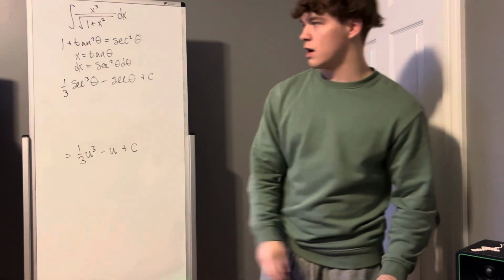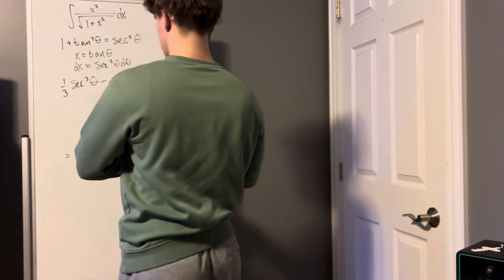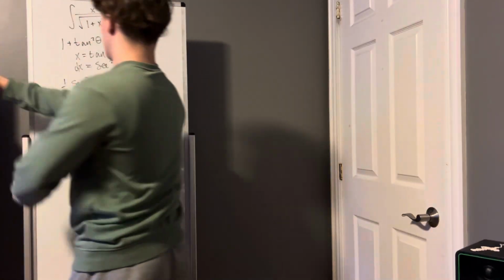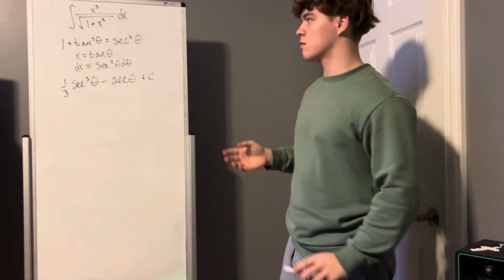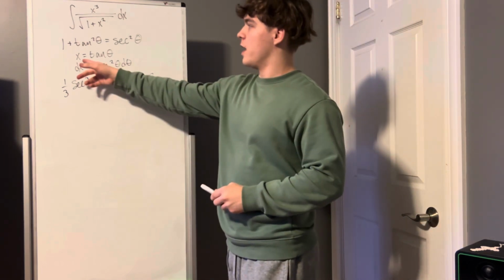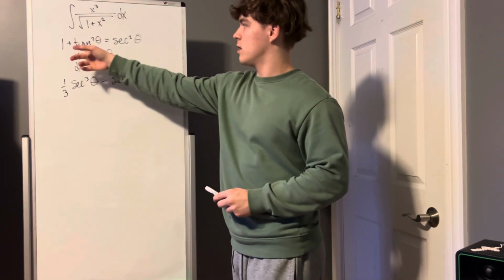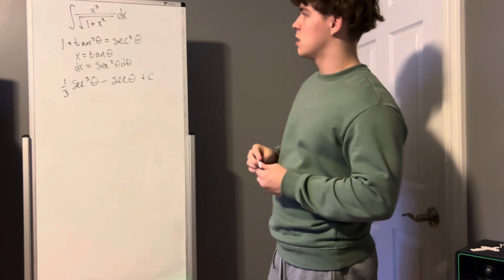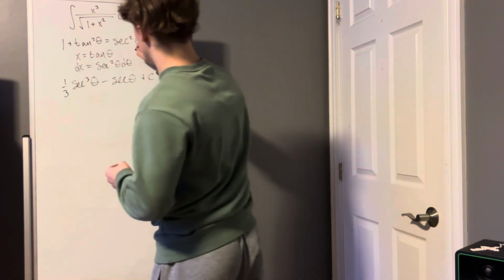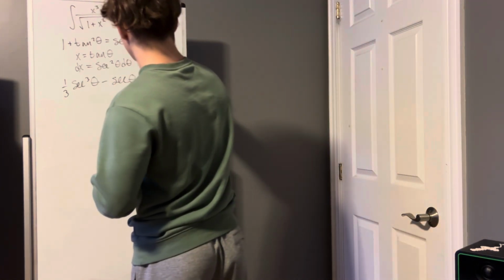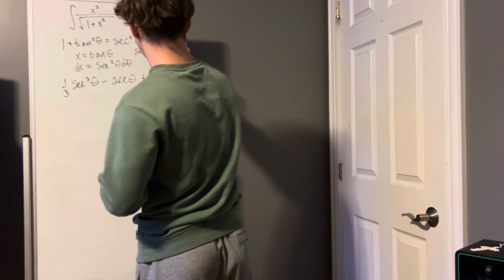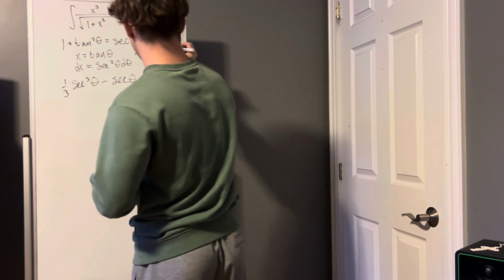What's secant theta? Well, we can't find this out directly from up here, can we? Not directly, but our x squared plus 1 equals secant squared theta. So secant theta will equal root 1 plus x squared.